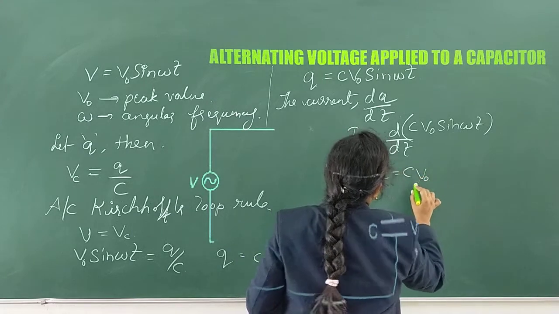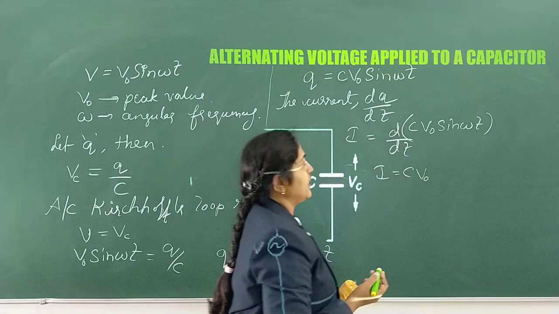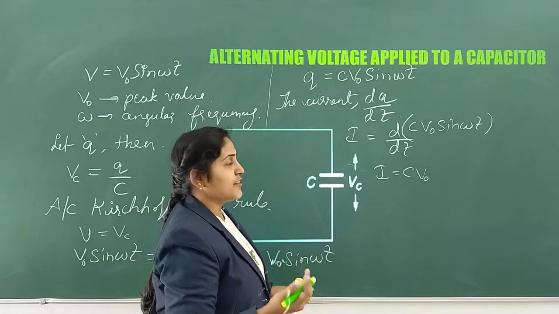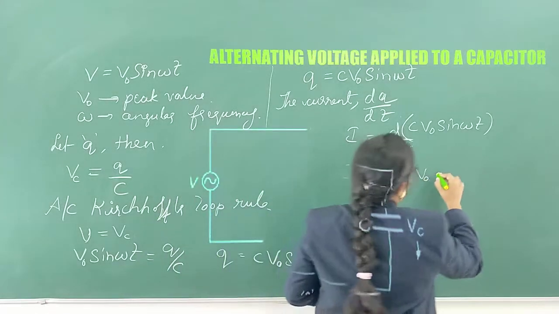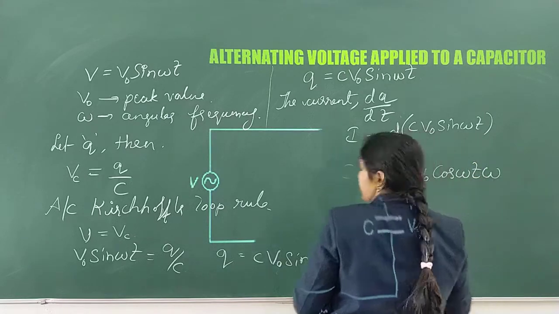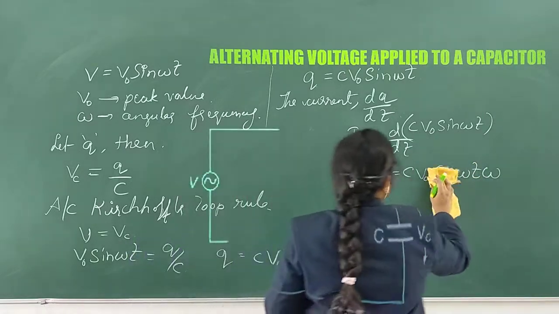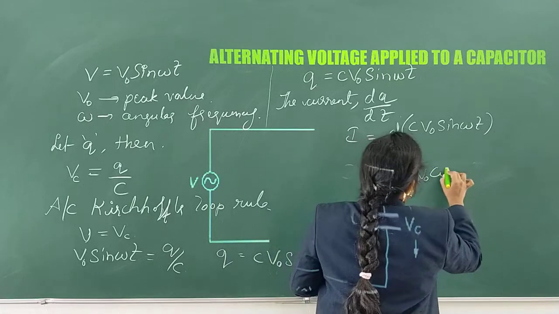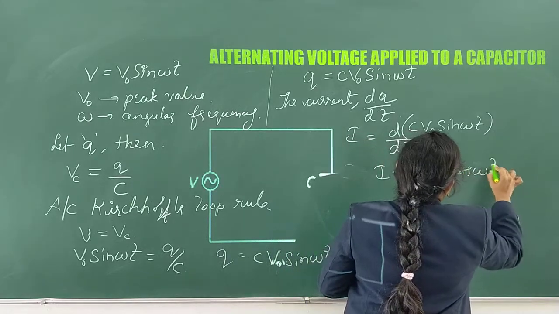The differentiation of sin omega t is cos omega t into omega. So I equals omega C V naught cos omega t.